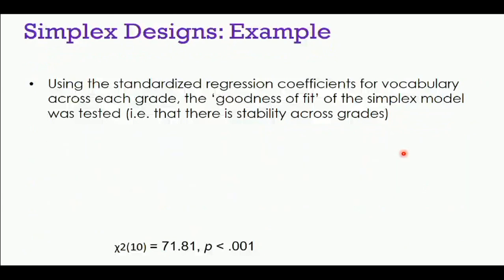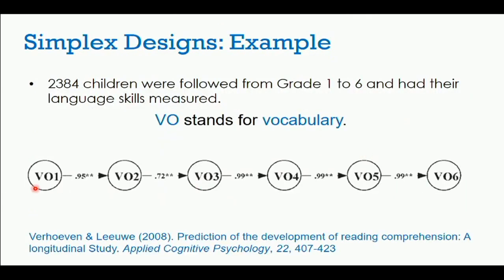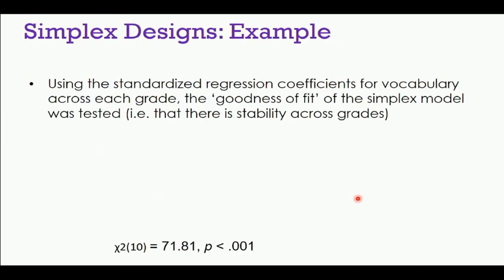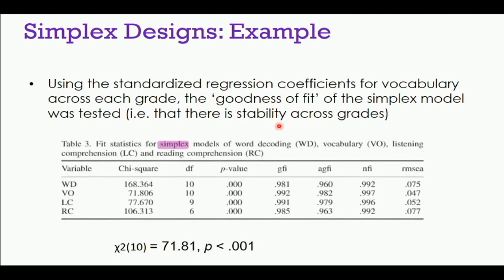Now, to test this autoregressive coefficient, they used some modelling. They took the standardised regression coefficients and they ran what we call a goodness of fit test. We've heard that term before? Chi-squared of the simplex model, hypothesising that there's stability across grades.